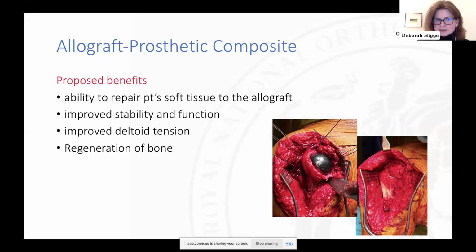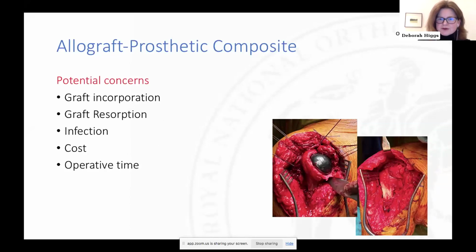And if you manage to achieve union of the host bone with allograft, then you get regeneration of your bone stock. However, there are some potential concerns regarding graft incorporation, graft resorption, and infection by introducing allograft. The cost and availability of the allograft can be quite difficult for some units, and there is the perceived increase in operative time in preparing the graft.